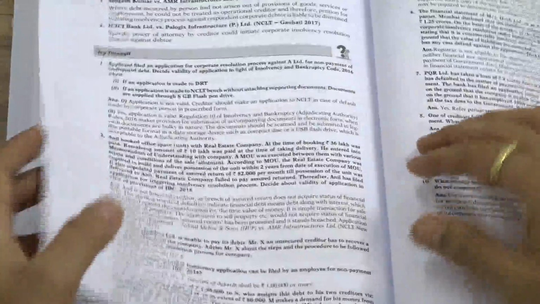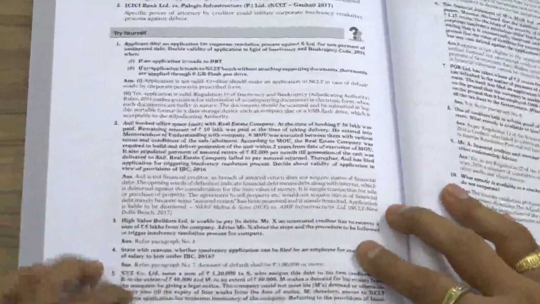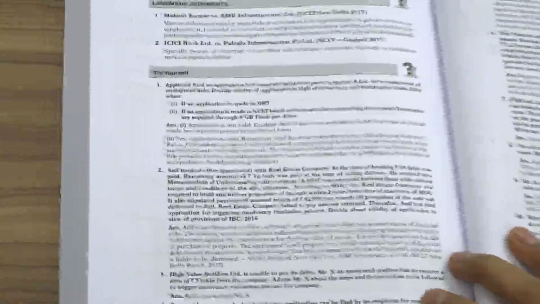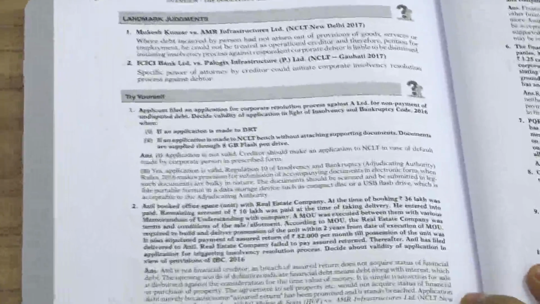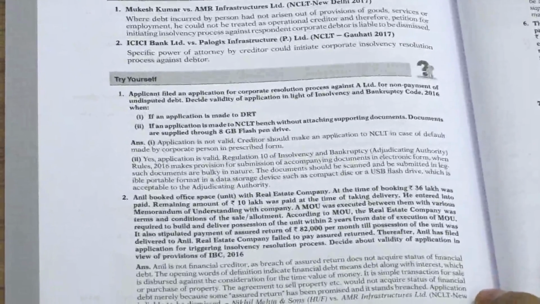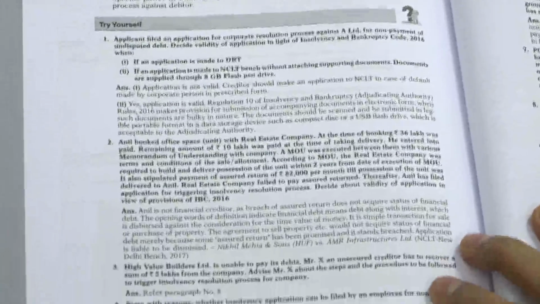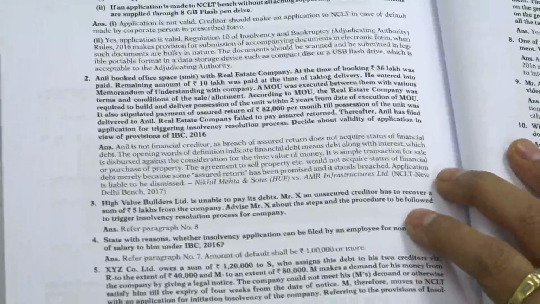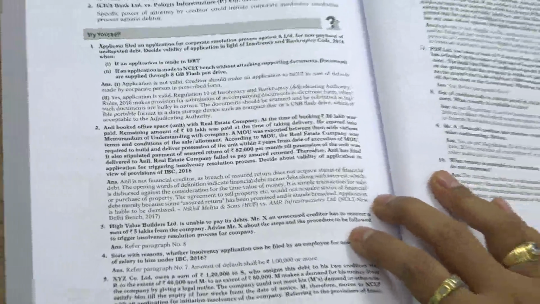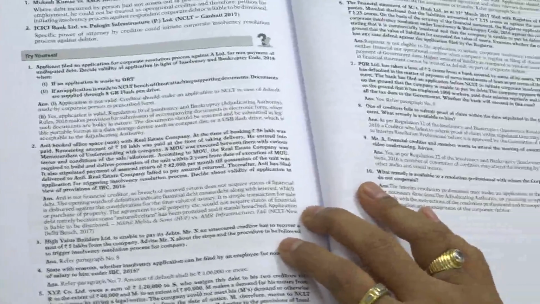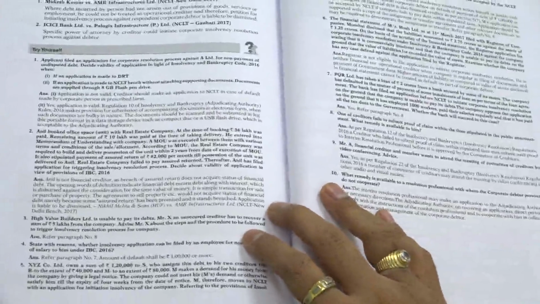Not only that, I have also included the landmark judgments of the Insolvency and Bankruptcy Code, and some self-designed questions, just to give an idea of what kind of question can be triggered from a newly introduced provision.